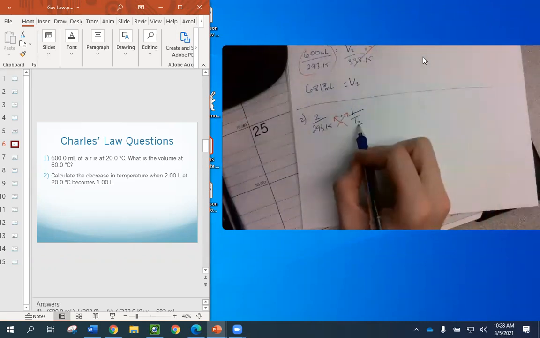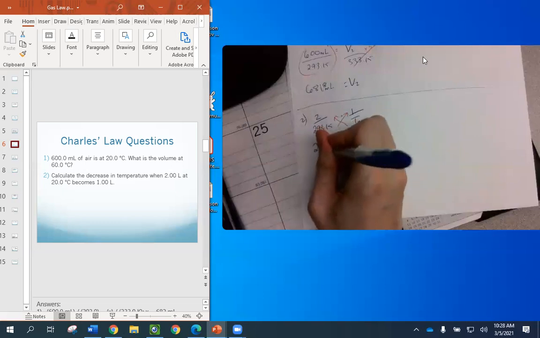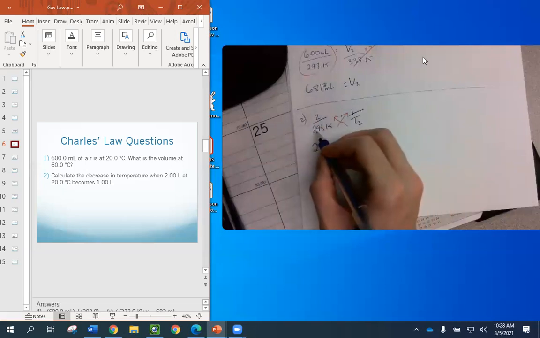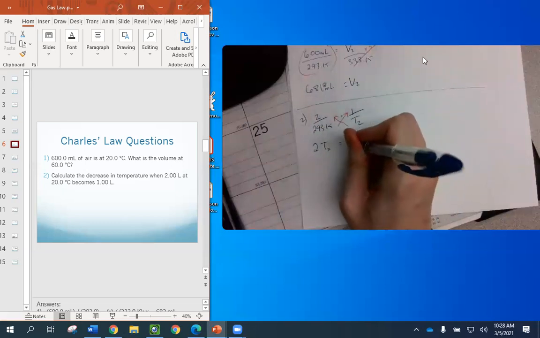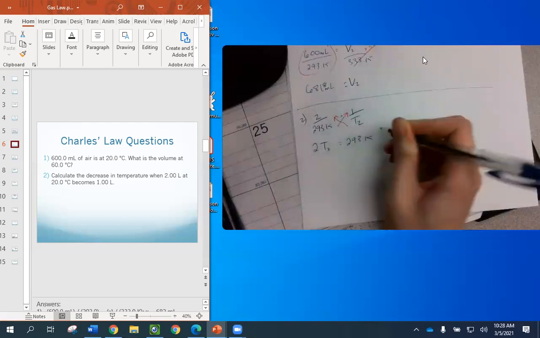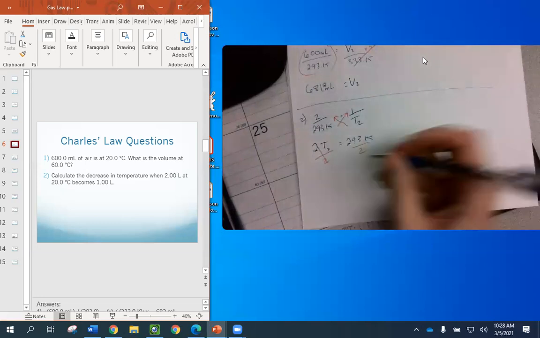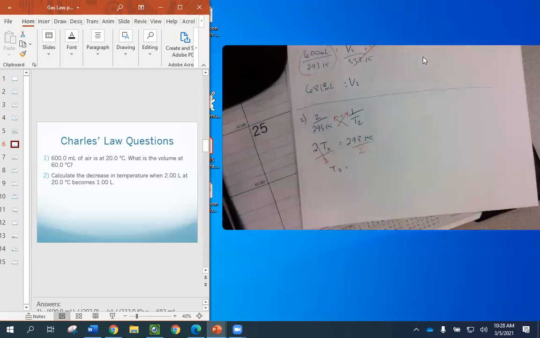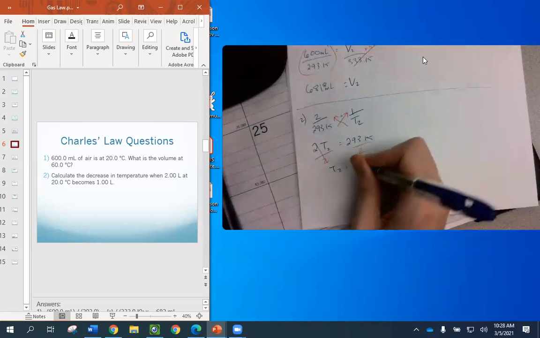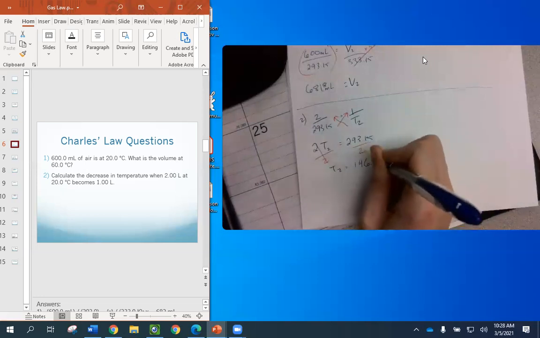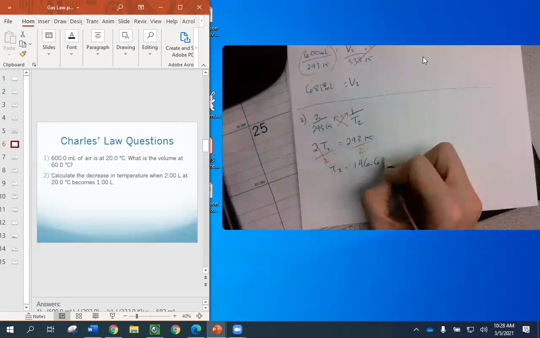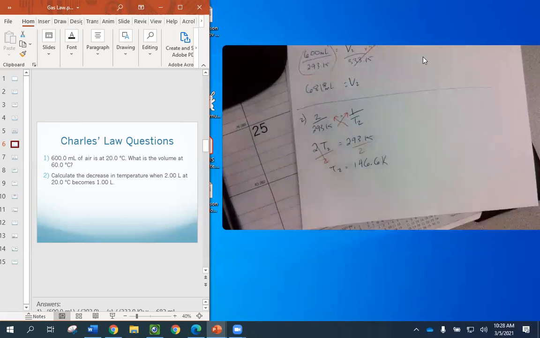So T2 times 2 is just 2T. And then 1 times 293 is, of course, just 293. And then we just divide by the 2 to isolate our T. So 293 divided by 2 is 146.6. And that would be in Kelvin, of course.